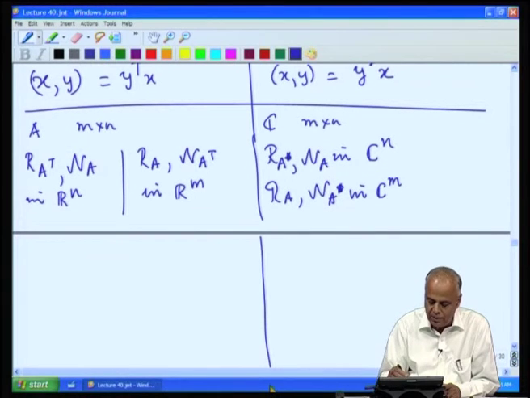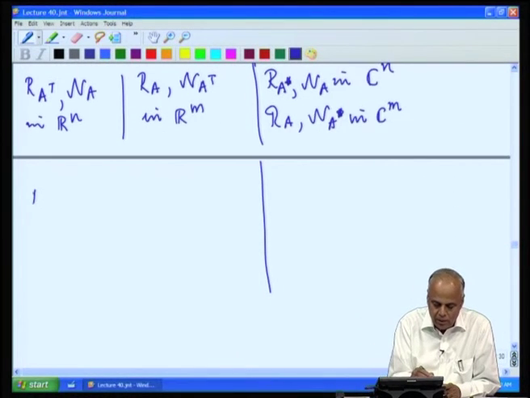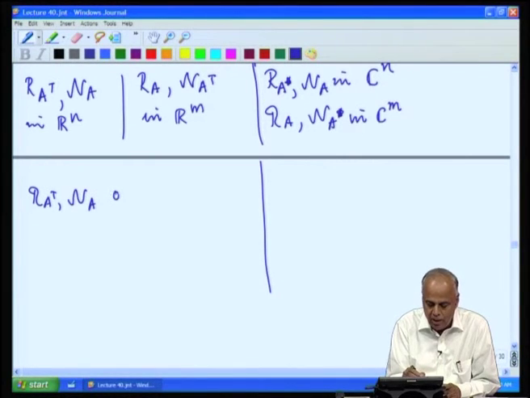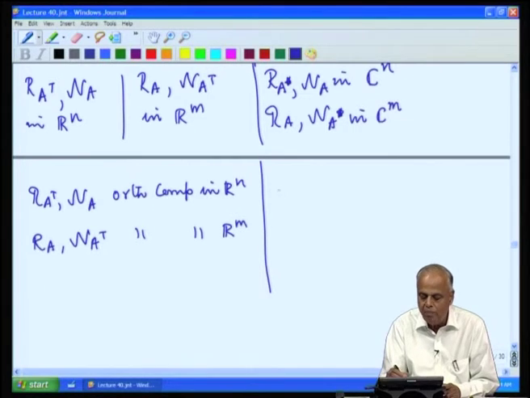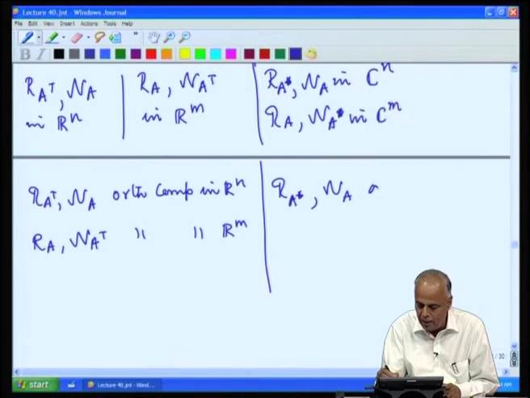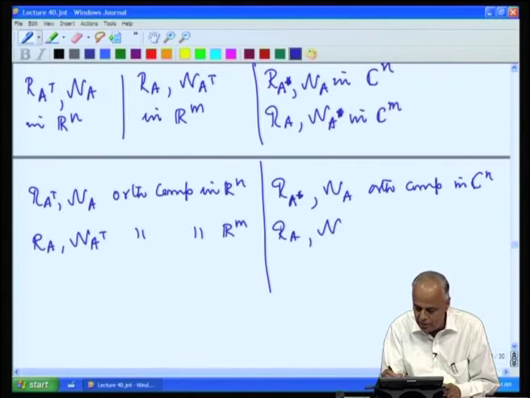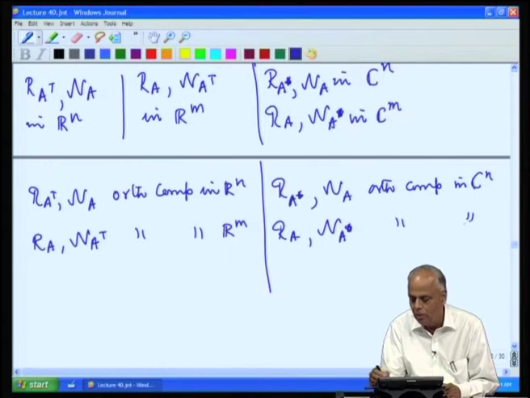Then in the real case, we found that the range of A transpose and null space of A are orthogonal complements in R n, and range of A and null space of A transpose are orthogonal complements in R m. In the complex case, the range of A star and the null space of A will be orthogonal complements in C n, and the range of A and the null space of A star will be orthogonal complements in C m.